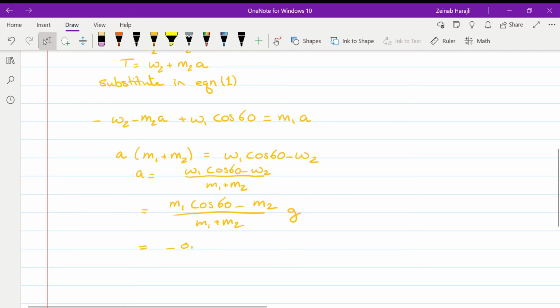And you can notice here we have a negative sign for A, which means that our choice of the direction was incorrect.